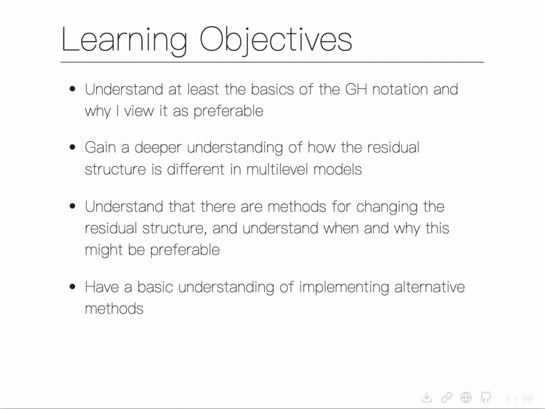Gain a deeper understanding of how the residual structure is different in multi-level models from standard single level regression models. Understand that there are methods for changing that residual structure and why that might be preferable in certain cases. And then have at least a basic understanding of how to implement alternative methods.